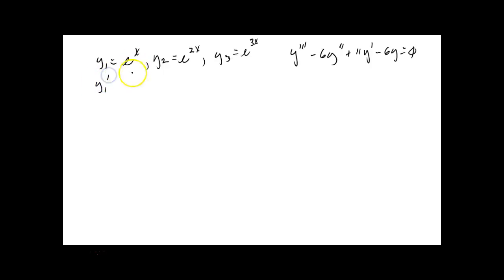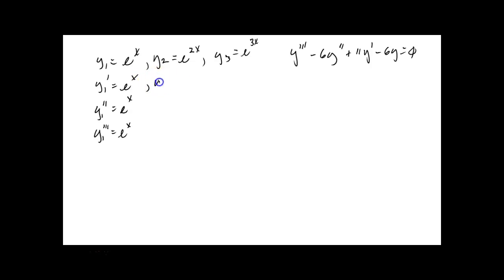y1 prime is e to the x, y1 double prime is e to the x, and y1 triple prime is e to the x. That was easy.